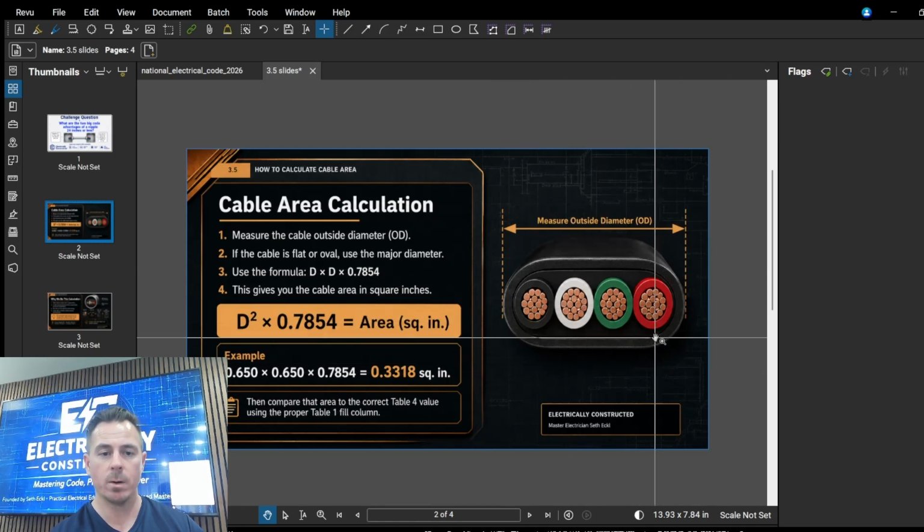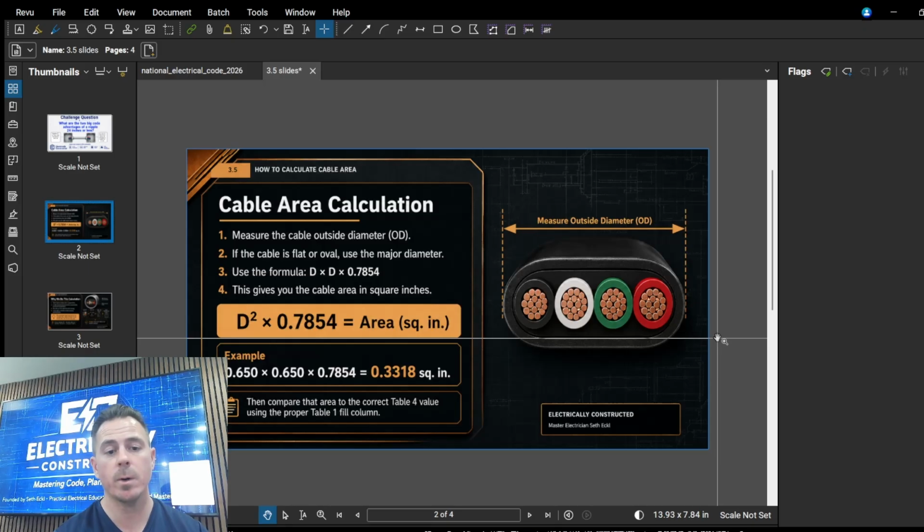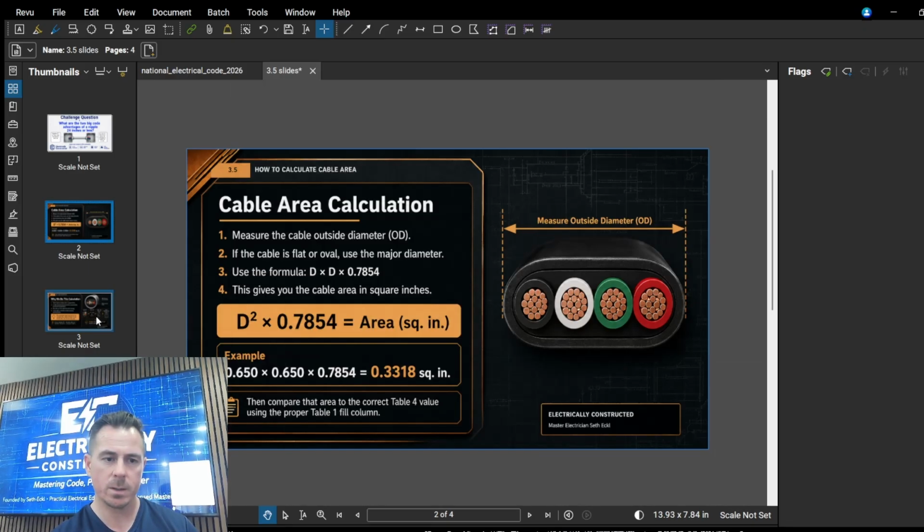We wouldn't use the flat part. And then we want to use the formula diameter times 0.7854. When we use this formula, this is going to give us the cable area in square inches. Another way to do it, if you've got a calculator that has the square inch button, you can do diameter squared times 0.7854.